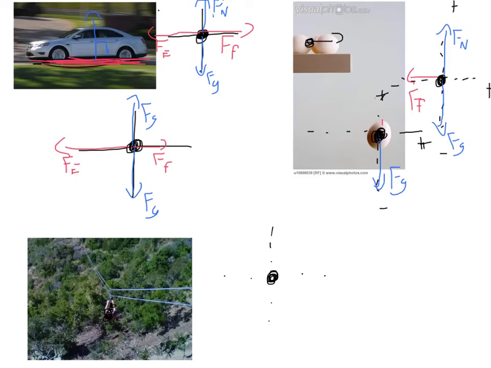I have the force of gravity always pulling straight down. And then I have two wires, T1, that stands for tension, and T2, tension 2 of a wire, coming up at an angle, right? And I'll label that theta 1 and theta 2.